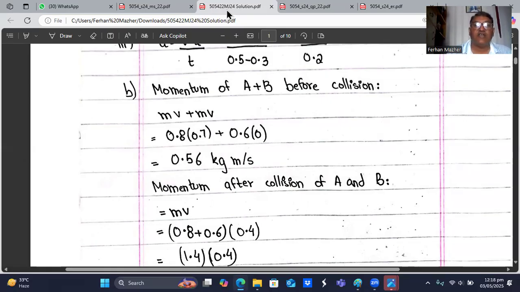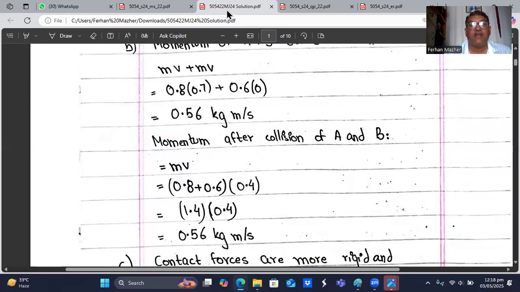Momentum after the collision: now they have stuck together, so they are acting like a single mass. Trolley A and trolley B are both together, so we take their total mass and multiply with the velocity after the collision. So we will have 0.8 plus 0.6, we add these two masses because they are now together. So we will have 1.4 kg, and we multiply it with the velocity, that is 0.4, and that will be 0.56 kg meter per second.